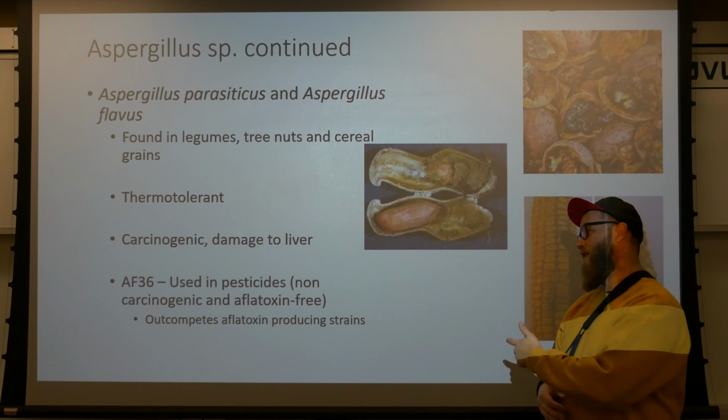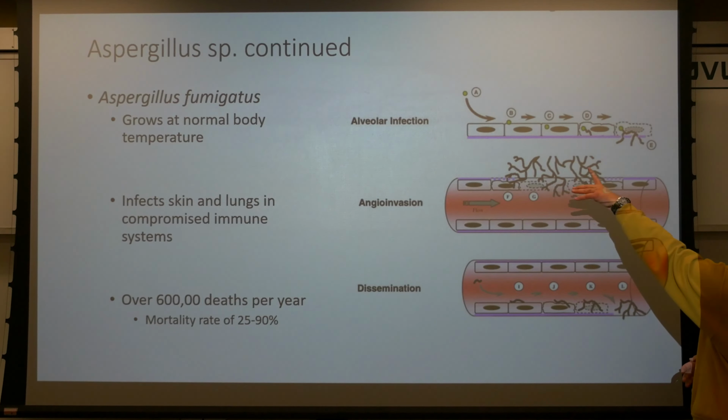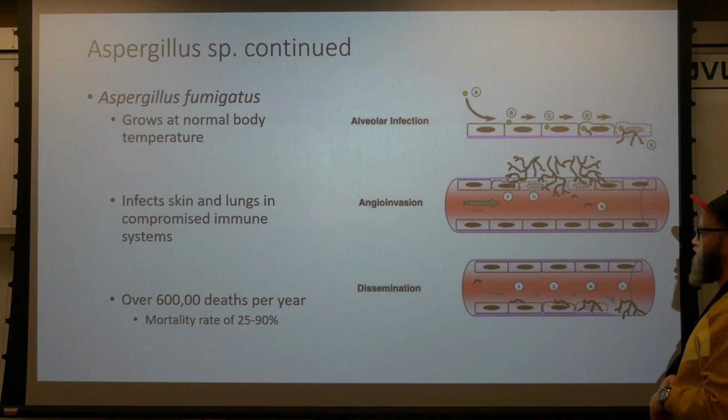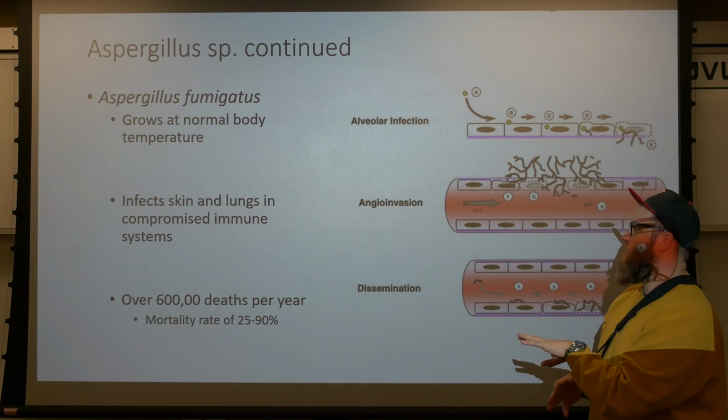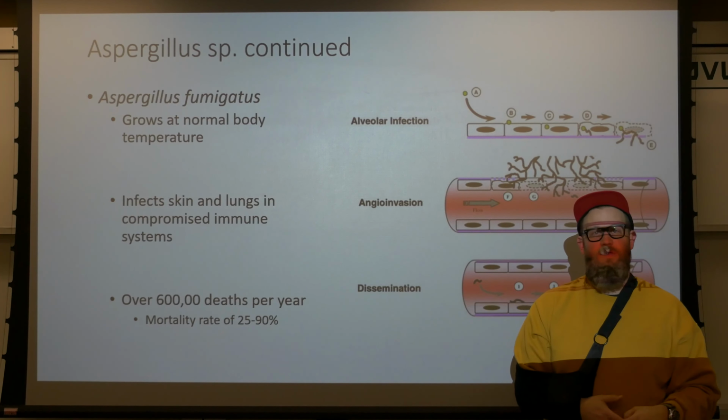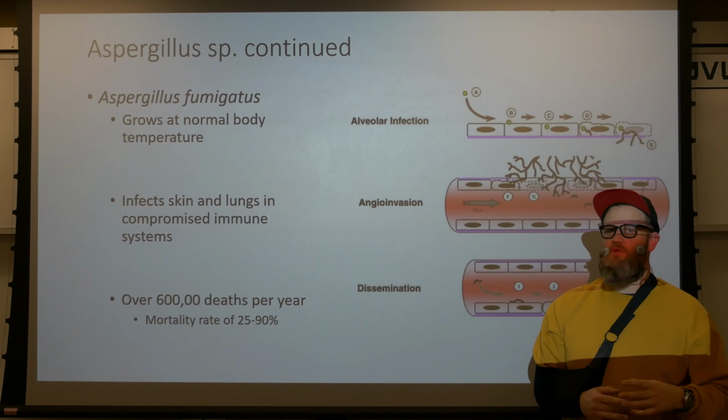And again, this is Fumigatus, and it infects people who have a decreased immune system through their lungs or through their skin. As we see here, we can have an alveolar infection or through the vessels in the skin. This kills 600,000 people a year with a 25 to 90% mortality rate.